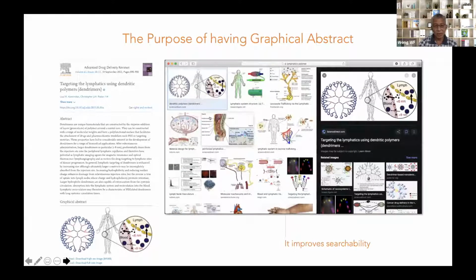So in a way, it improves the searchability. So it's good to have a graphical abstract of your paper. It does help to bump up the so-called Google rank in the searching. So this is a little trick you can use if you want to improve the searchability online, and a graphical abstract, particularly a good graphical abstract, does help.